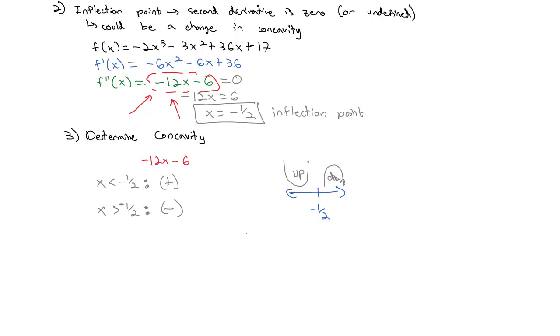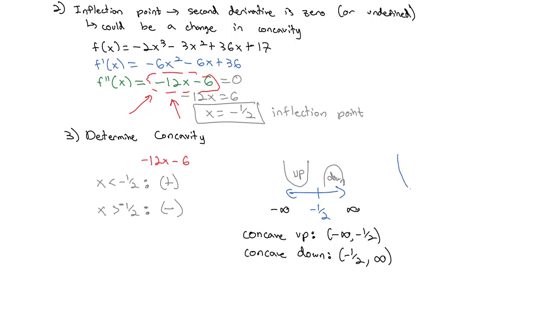So if I were to put it in interval notation, knowing we have negative infinity on the left and positive infinity on the right, we are concave up from negative infinity to negative 1/2, and we are concave down from negative 1/2 to infinity, which is consistent with what we expected the graph to do.